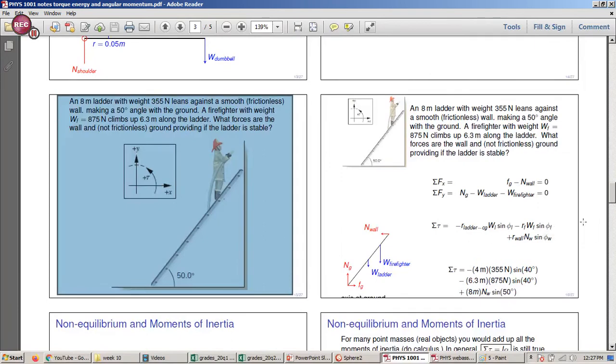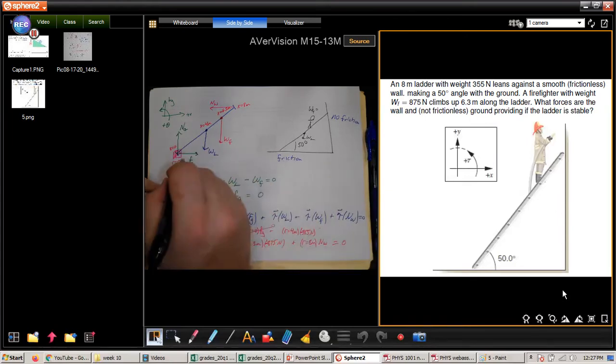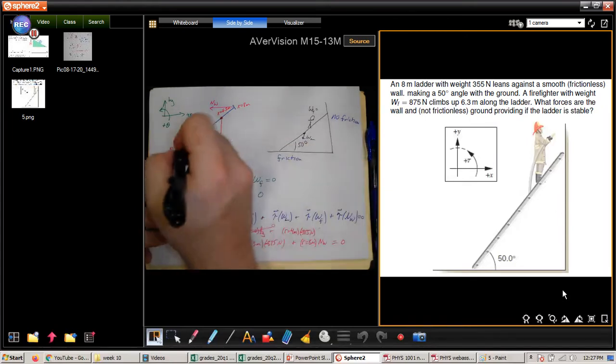And what I'm realizing here is that there's a lot of math that hasn't been seen in here. And we should put in some other things. There's some angles in here that we need to put in. I need to be very careful of this. So this ladder makes this 50-degree angle.